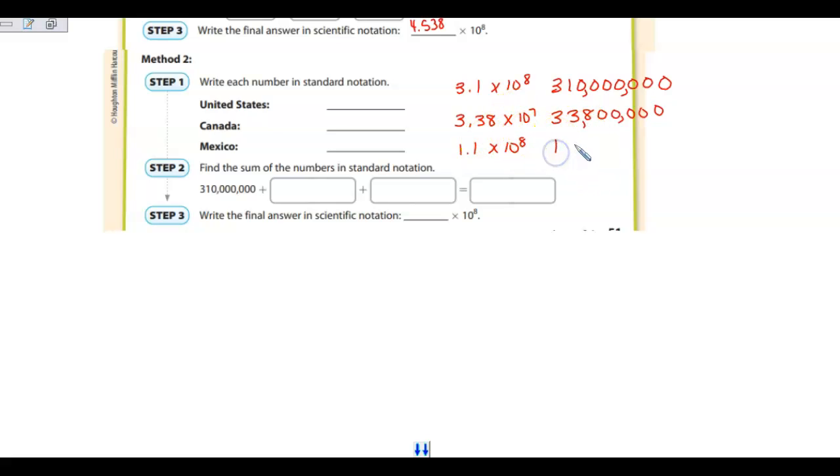And this one we're going to move 8. So we have 1, 2, 3, 4, 5, 6, 7, 8. And this one we have 110 million. So we're going to take those amounts and we're going to add them together.